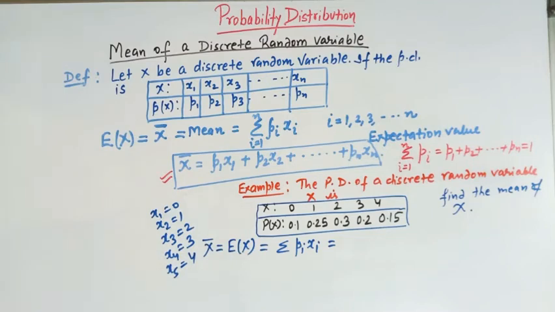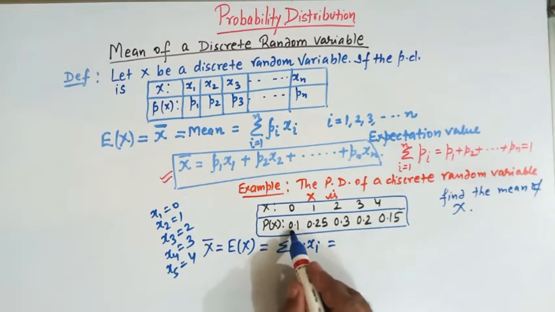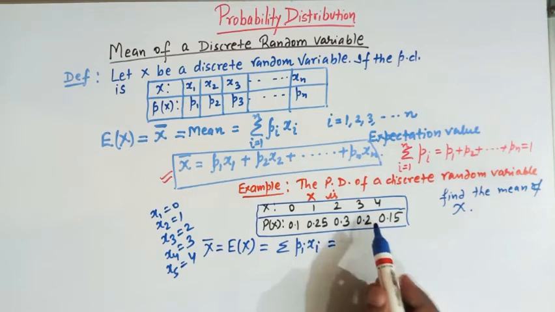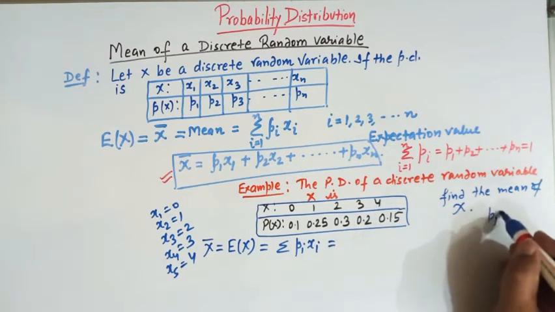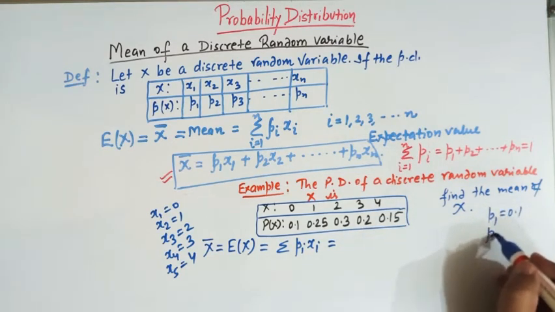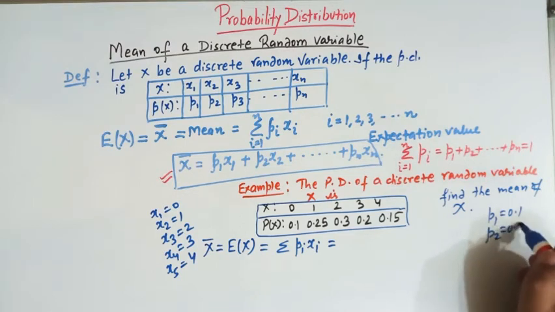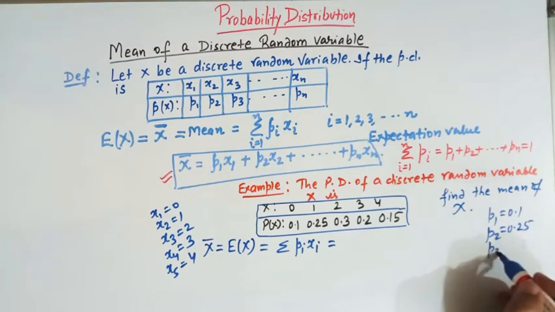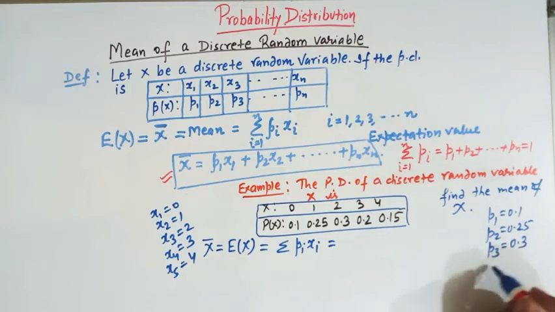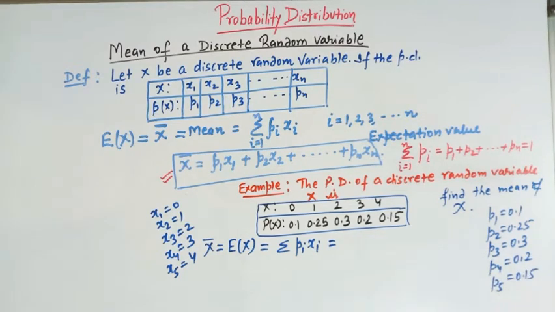And the corresponding probabilities are given here: p1 is 0.1, p2 is 0.25, p3 is 0.3, p4 is 0.2, and p5 is 0.15.